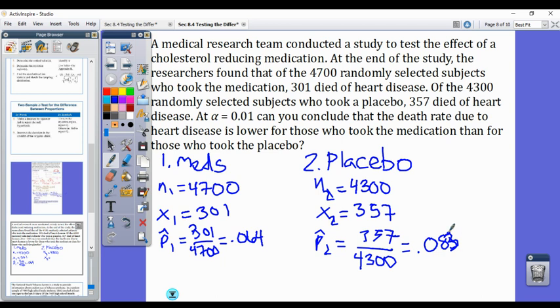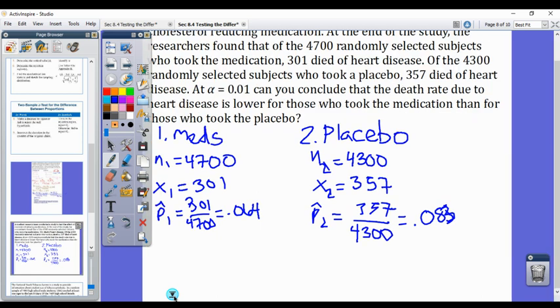Okay, so let's see. We are trying to figure out if the death rate due to heart disease is lower for our people that took the drug. So our claim is P1 less than P2.